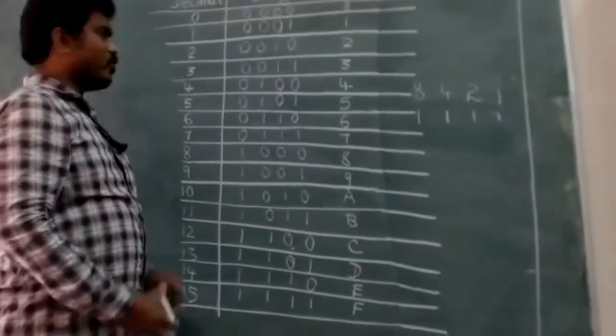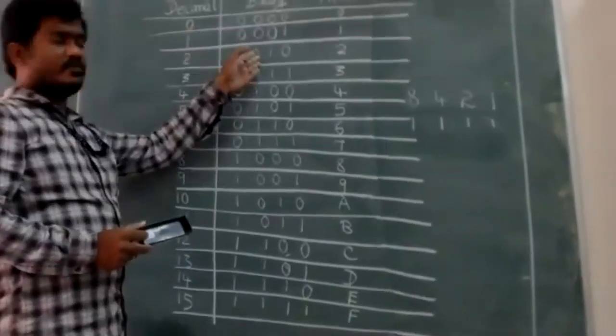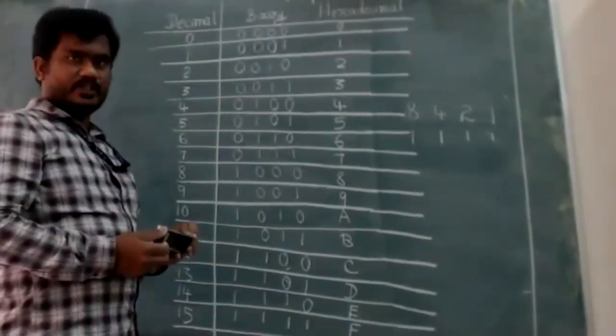Okay, this is a brief overview of the representation of the decimal, binary, and hexadecimal number systems.